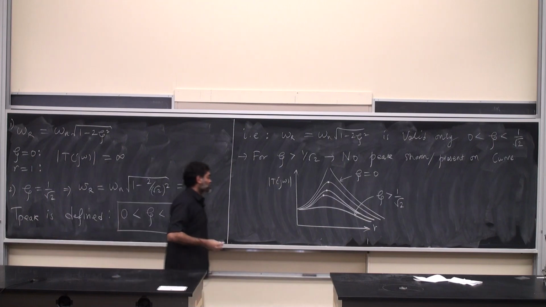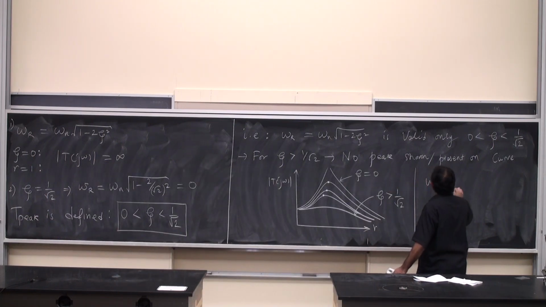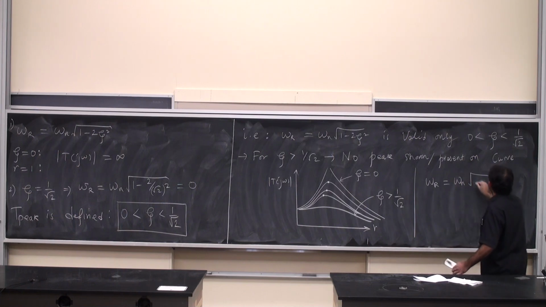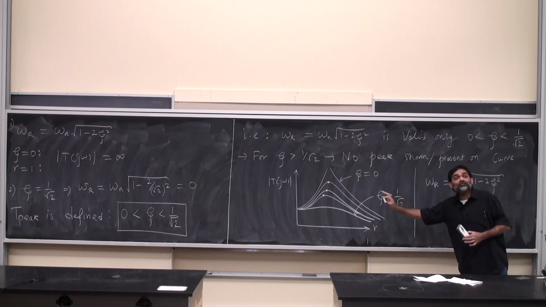And that's quite common sense. If zeta keeps increasing, right, between the range from 0 to 1 by root 2, what happens to omega r? Omega r keeps reducing, right? So my peak is going to keep shifting to the left.